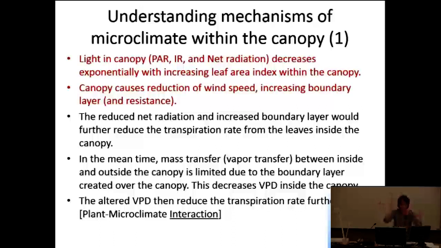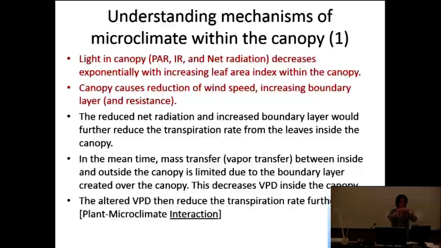Let me go over again. So this is about the leaf level. If you look at the leaf level inside the canopy, the light level inside the canopy is very low. Net radiation is very low. And then also over the leaf, a boundary layer is created, right?